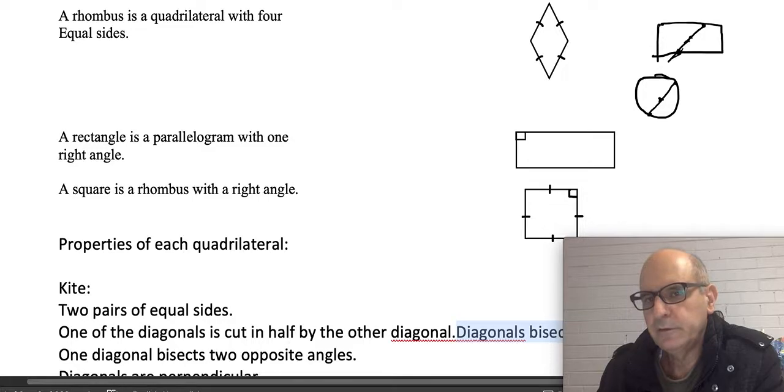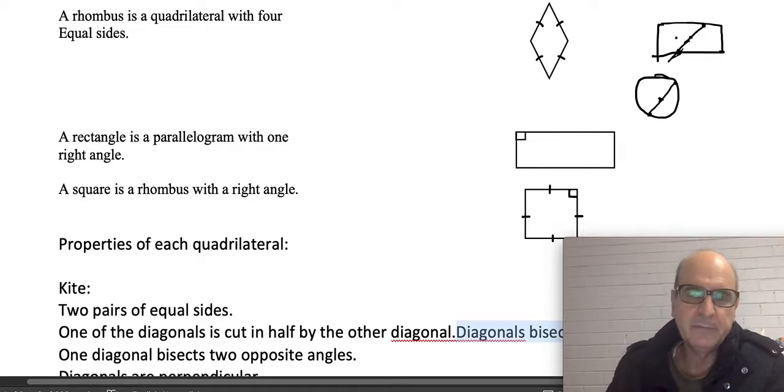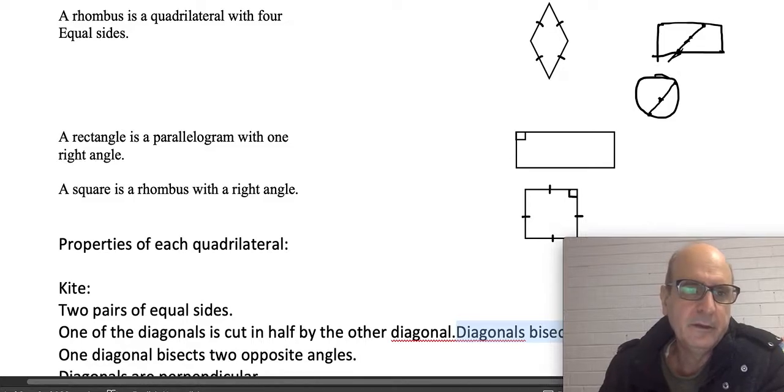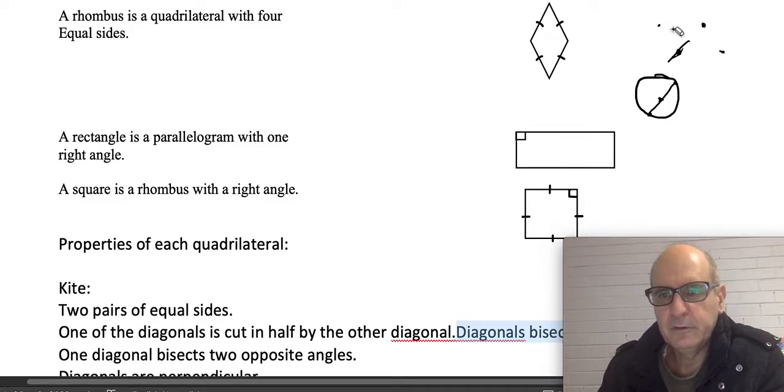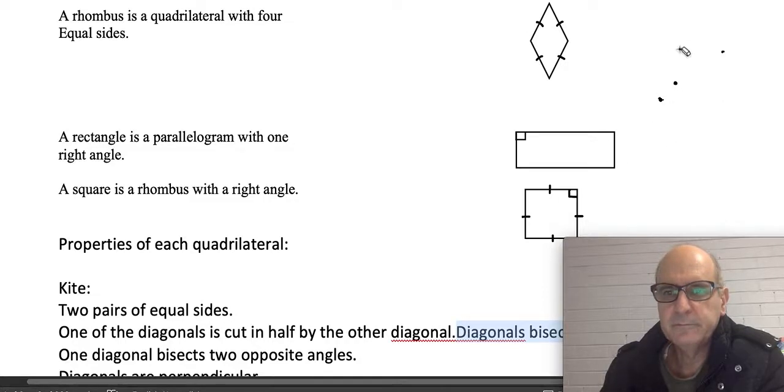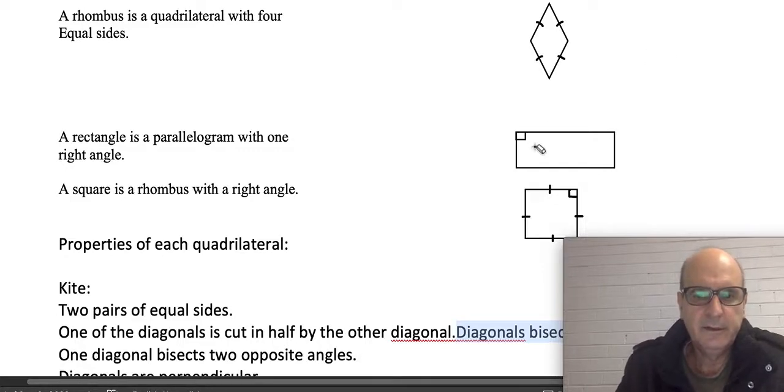So if I start from here, connect to the center and continue by the same amount, I end up with this point, which is again on the rectangle. So that is the meaning of point symmetry. All right.